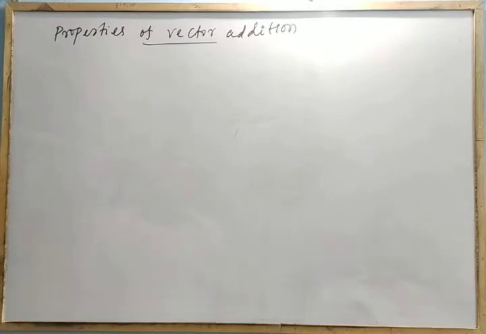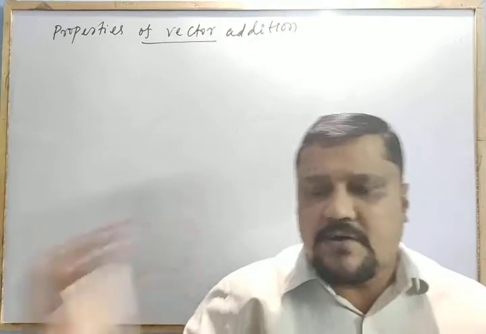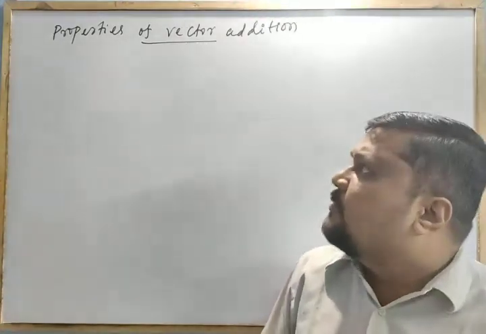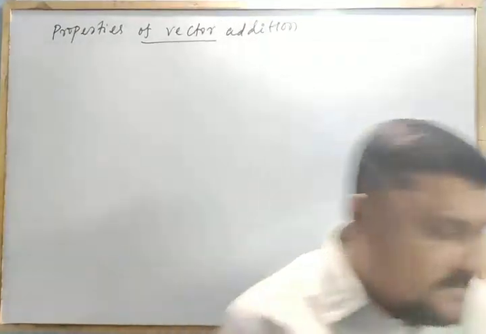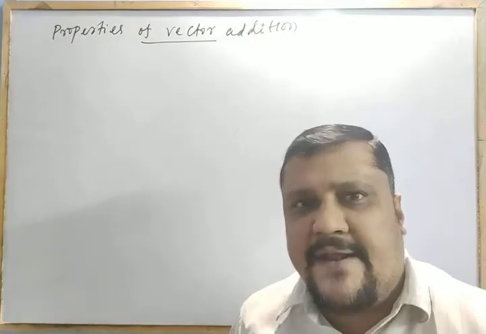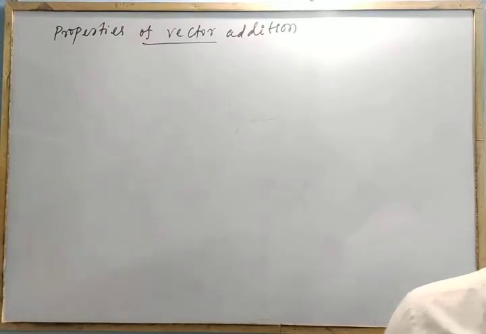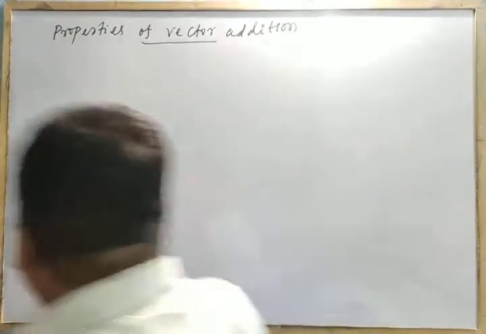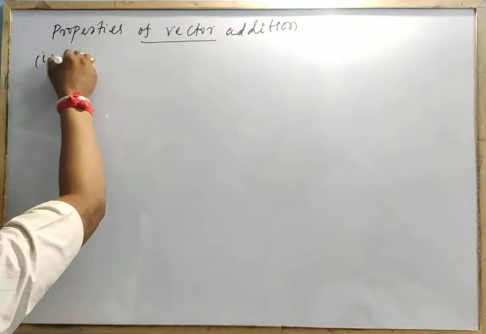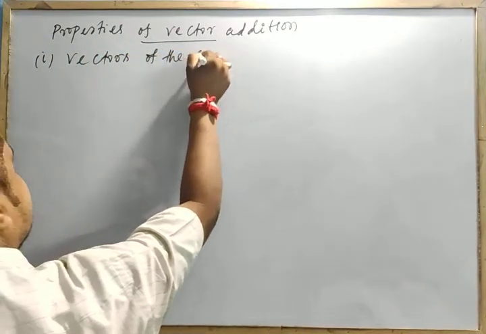So we discussed the different laws of vector addition. Then we will go for the properties. Now, vectors of the same nature alone can be added. That is the most important thing. Already we know that. So I can write this as: vectors of the same nature alone.